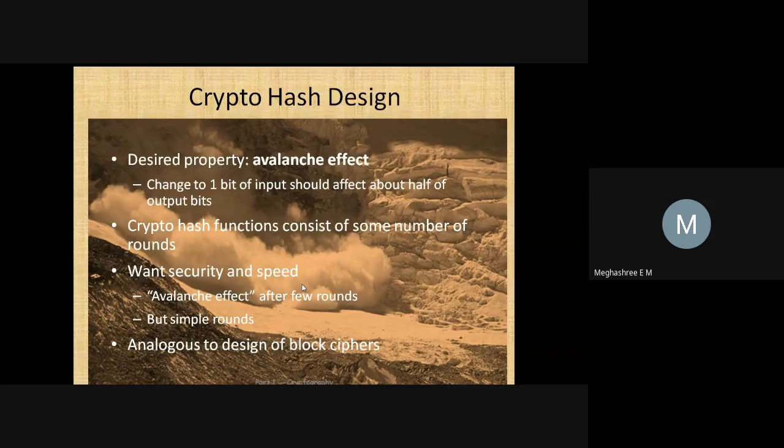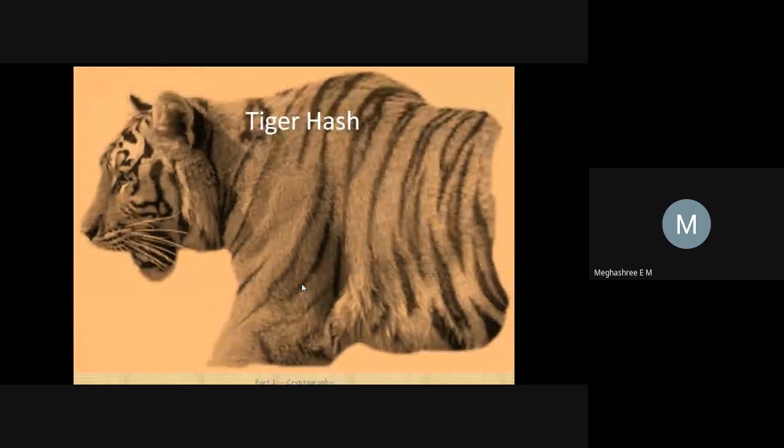Let's move on to the next hash function. The name is Tiger hash. Since MD5 and SHA1 were found to have collisions, they were no more used. That's why a new hash function was designed and named Tiger. Why is it named the Tiger hash function?